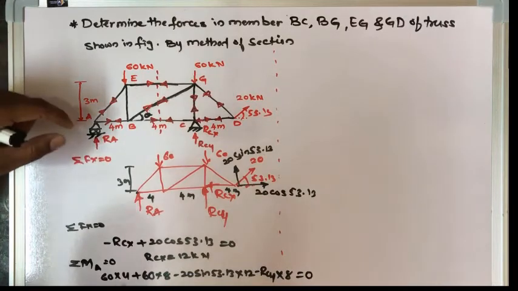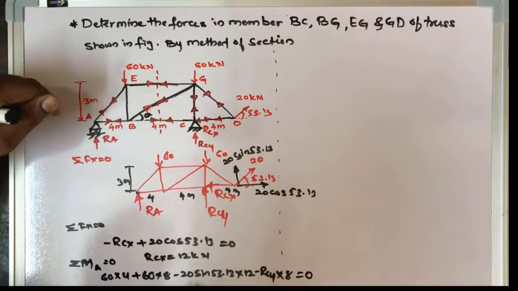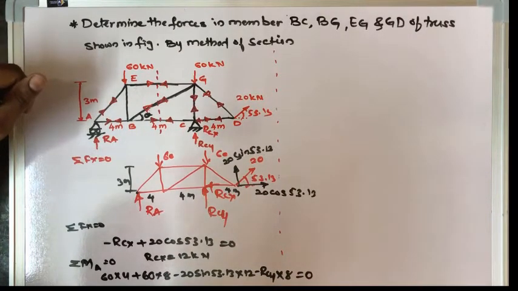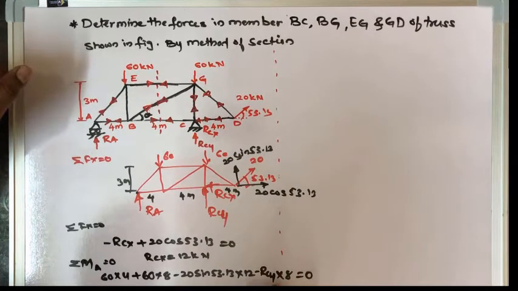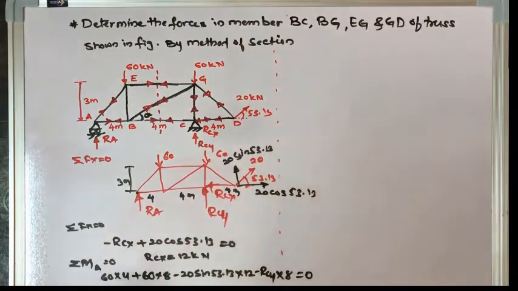If I simplify this, RCY will be equal to, keeping RCY on the other side, 60 into 4 plus 60 into 8 minus 20 sine 53.13 into 12, so we'll get some value. If you divide by 8, I'll get 66 kilonewton.